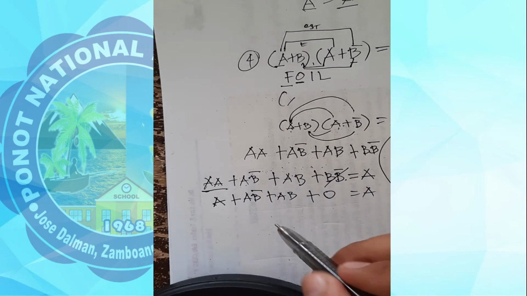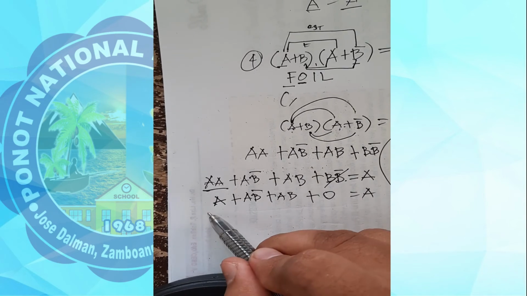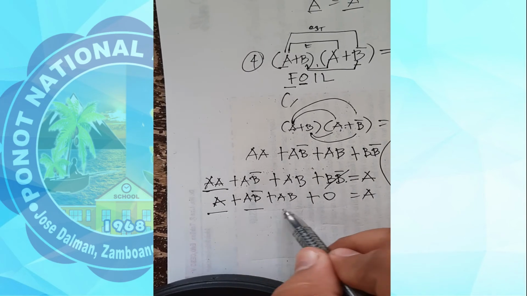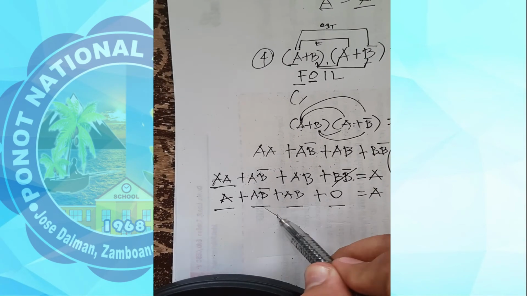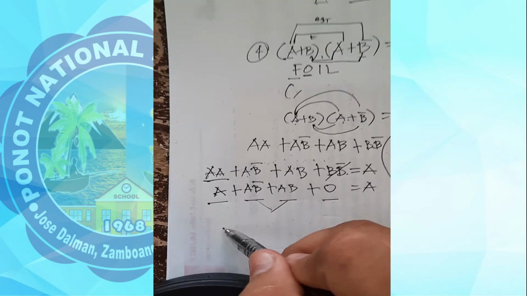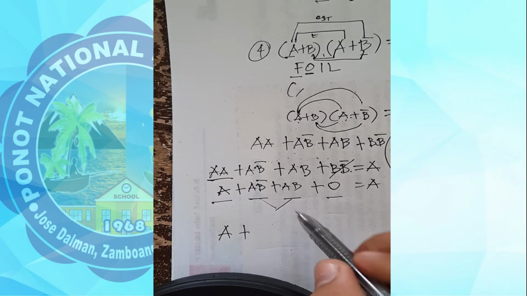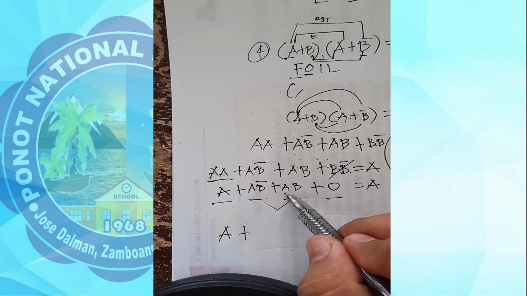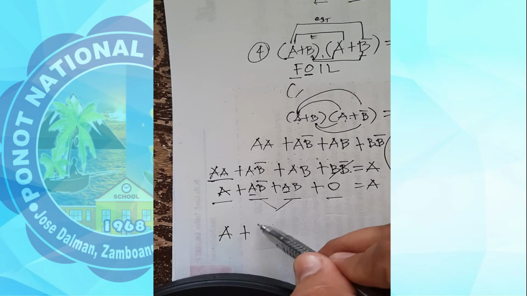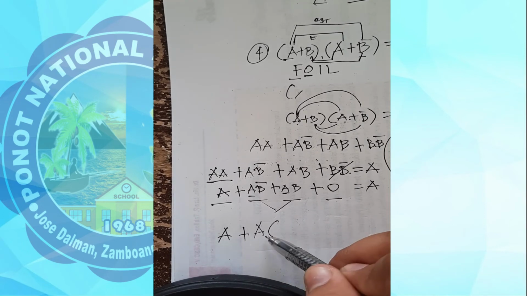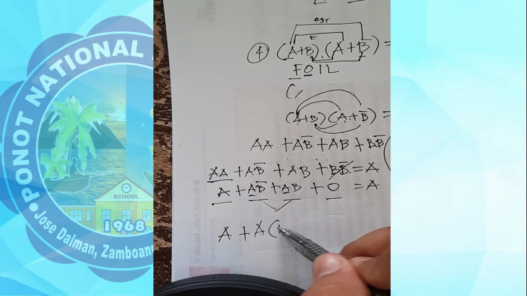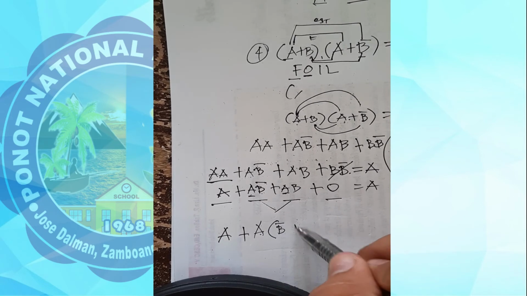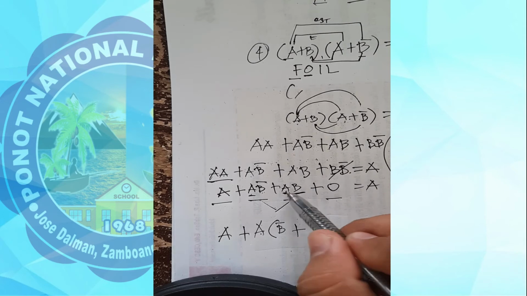Okay. So, we have first term, second, third, and fourth term. Here, we can eliminate the second and third terms. A plus. So, what is common? Again, the common is A times the value to multiply A to get AB bar, so we have B bar, plus the value to get AB.